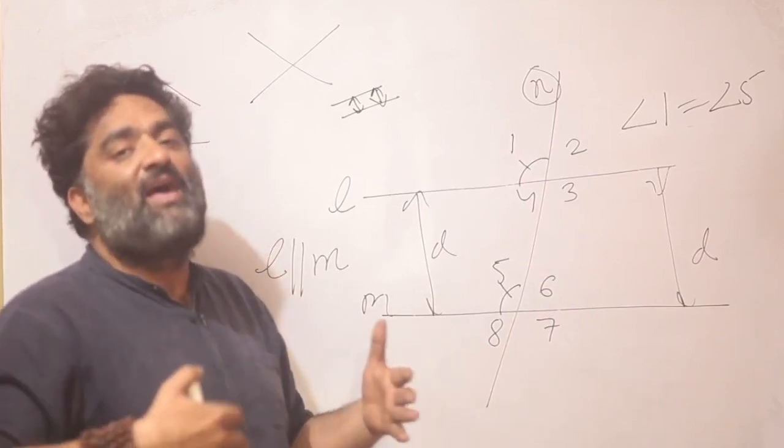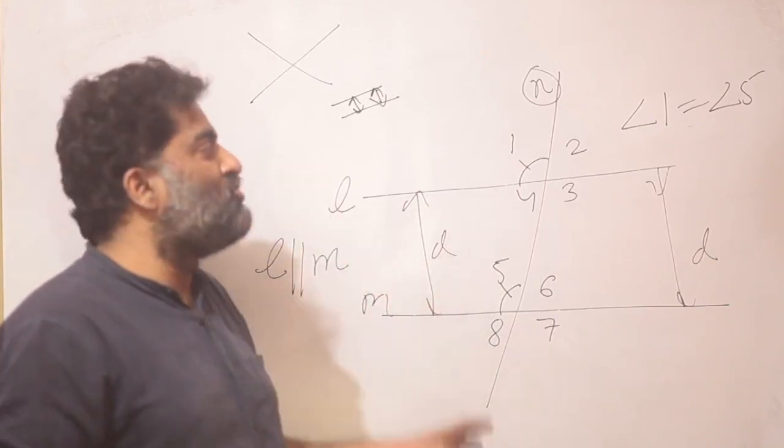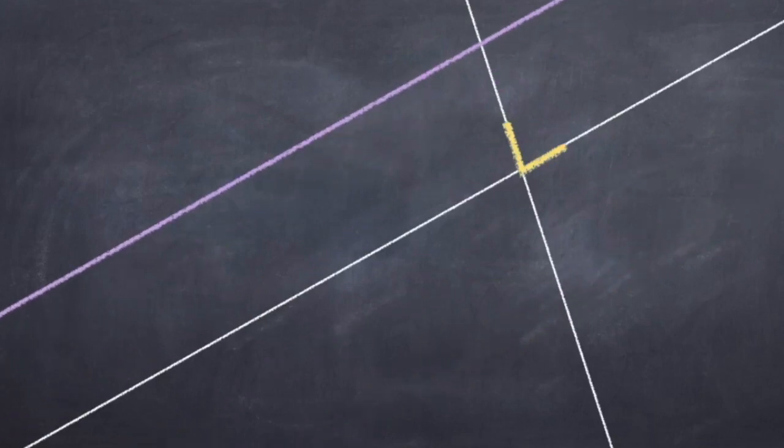You can draw multiple parallel lines, draw multiple transversals, and do it a few times to assure yourself that this angle and this angle in any scenario is going to be equal to each other. Another way that you can look at it is, if I take this line L and I just move it up or down, that means I'm not changing the rotation of the line, I'm just changing the physical placement. The angle, whatever angle it was making with the fixed reference or with any other line, will remain the same.